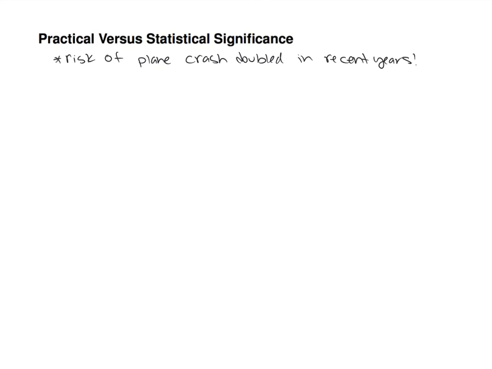And the thing is that when something is unlikely to happen in the first place, its risk doubling, or tripling even, might not be of any practical significance if the baseline risk is low. So if the baseline risk is low, doubling doesn't increase the actual risk by much.